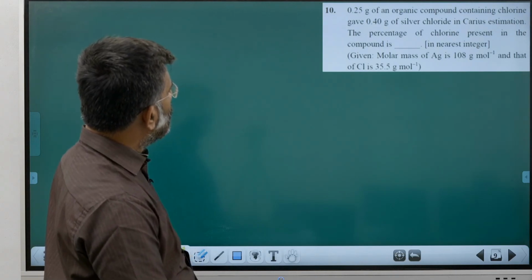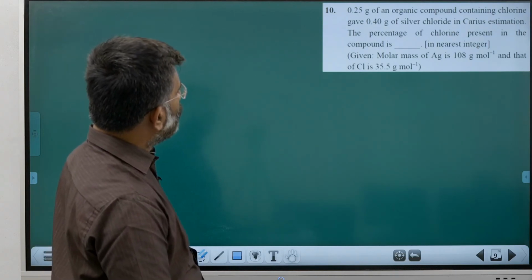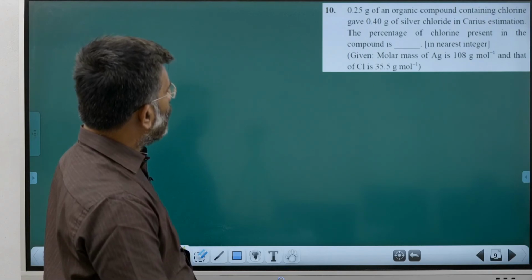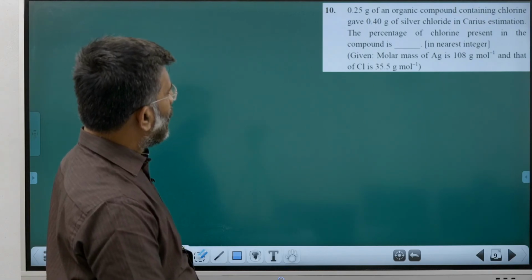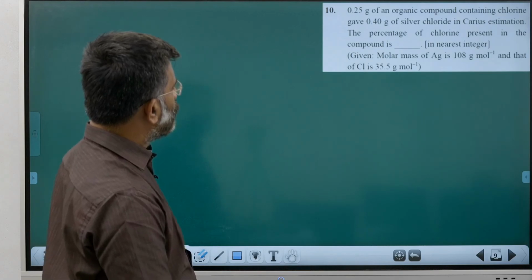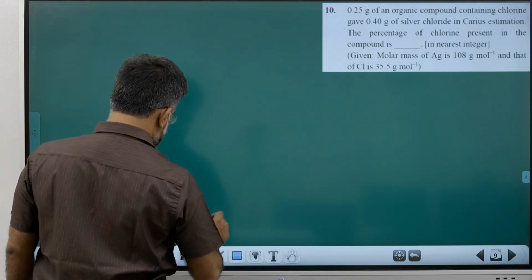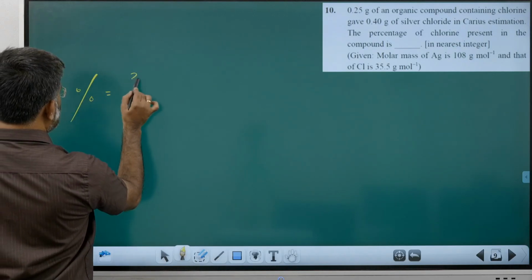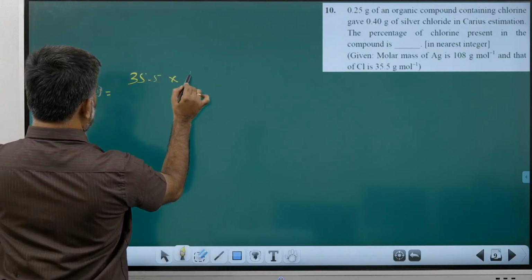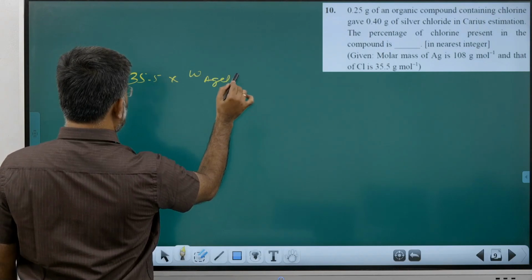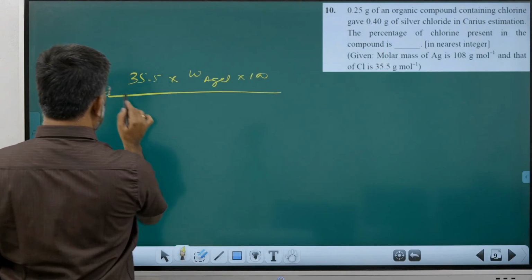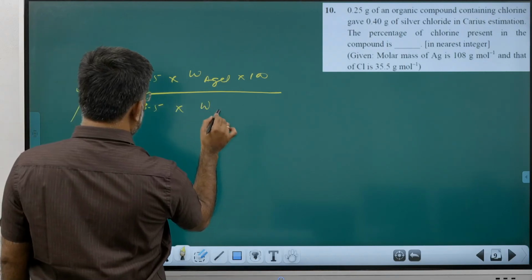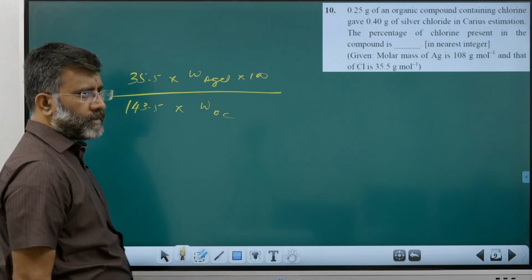And next one. 0.25 gram of organic compound containing chlorine gave 0.4 gram silver chloride in Carius estimation. Percentage of chlorine? You know the formula. What is the formula for finding percentage of chlorine? It is 35.5 into mass of AgCl into 100 divided by 143.5 into mass of organic compound.